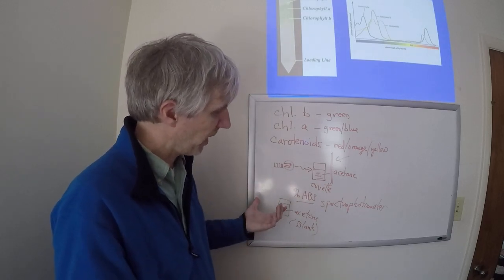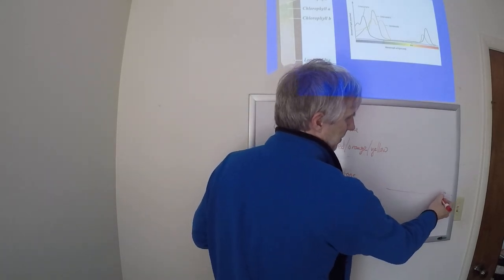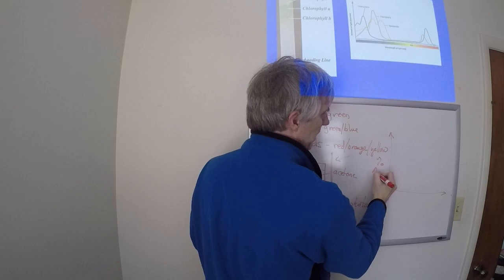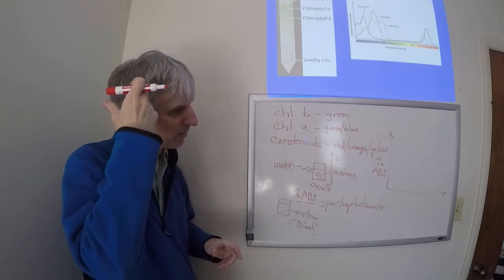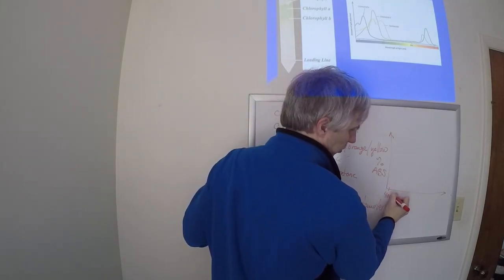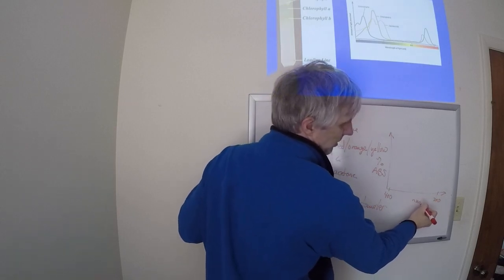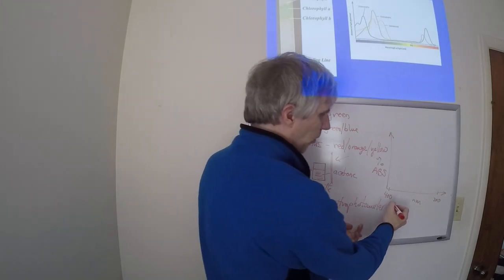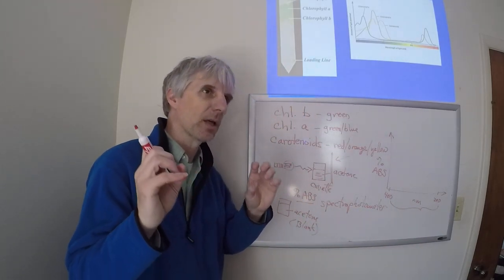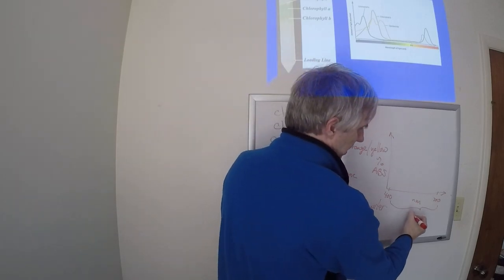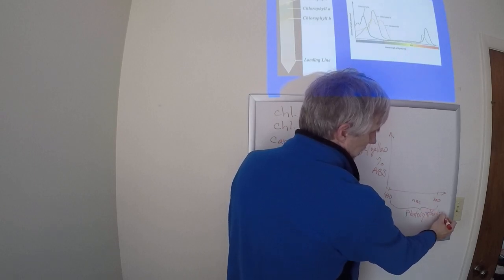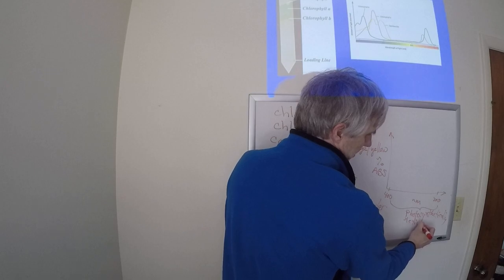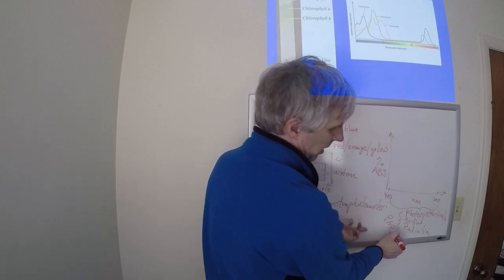Then what we're going to do with our spectrophotometer is spend some time, a few hours probably, looking at maybe every wavelength of light between 400 and 700 nanometers, because this portion of the electromagnetic spectrum is called photosynthetically active radiation, or what's called PAR.